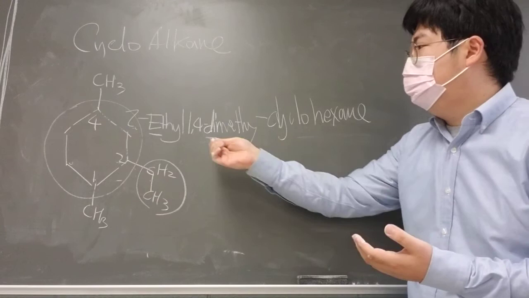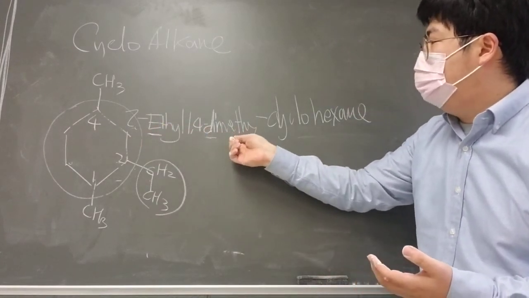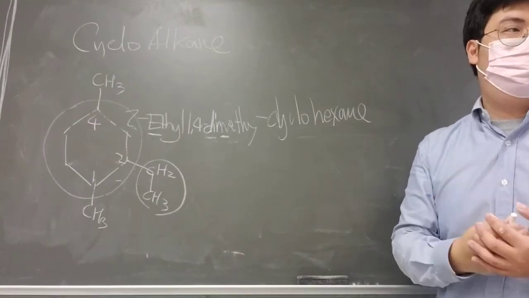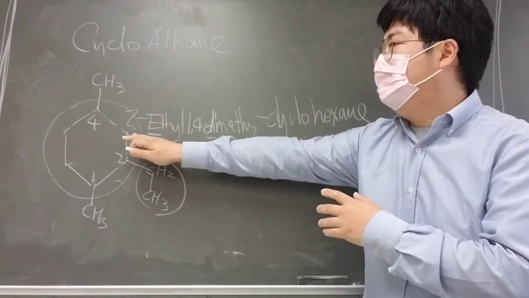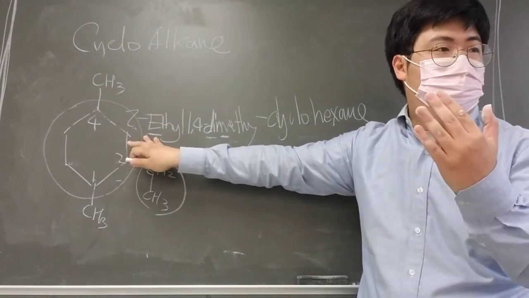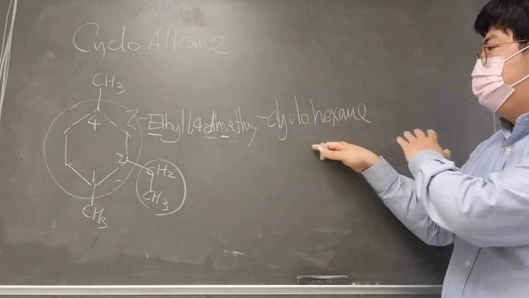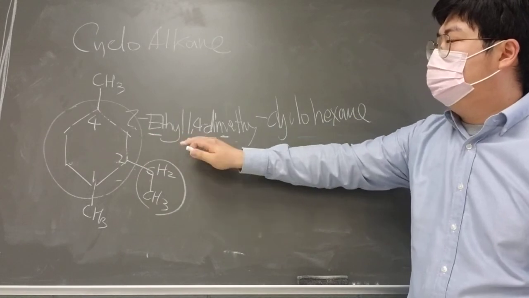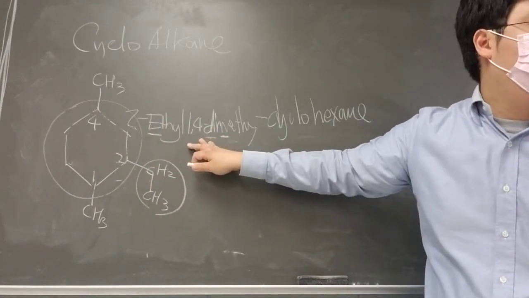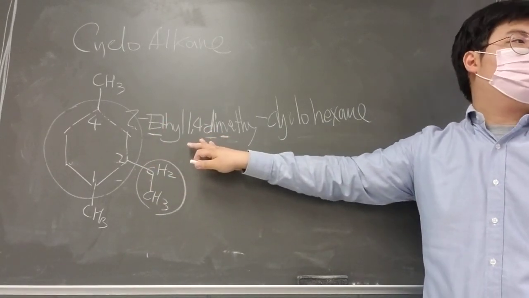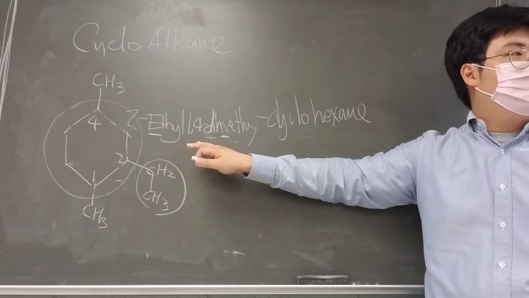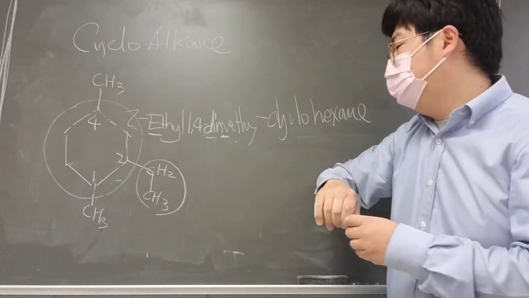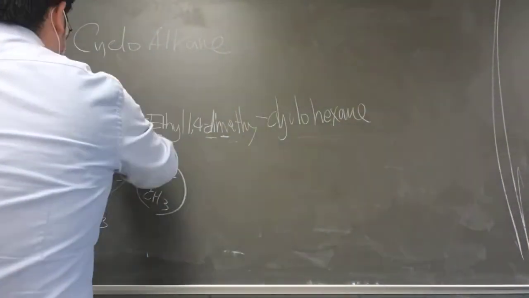So make sure the ethyl counts as E, and the methyl group counts as M, not D. Even though there are 2 dimethyls, it still counts as M. So that's why I put the ethyl group first, E and M, and then cyclohexane, and just make sure you put the locations. And you also use di for 2, tri for 3, tetra for 4, and so forth. That's it. It's pretty much the same, right? Perfect. All right, looks good.